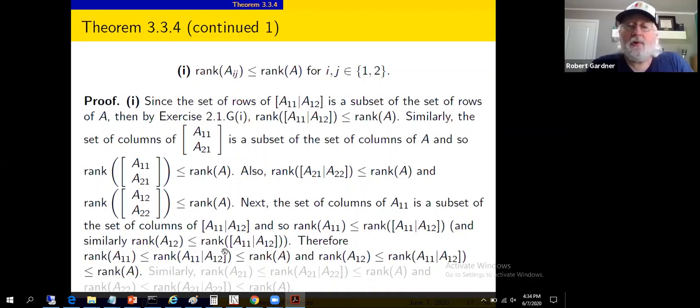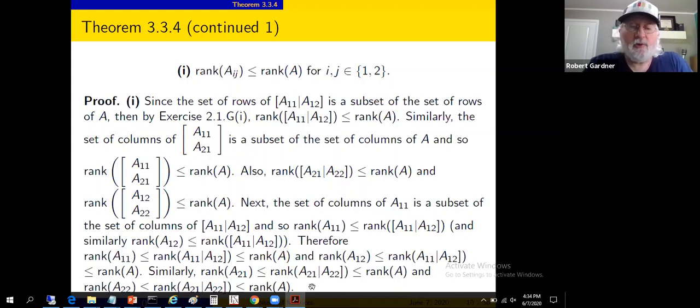A12, okay, we got the rank of A12 is less than or equal to the rank of A11, A12, paste that together with this, same conclusion. So that takes care of I and J being 1, 1, and 1, 2. Okay, so there's that conclusion.